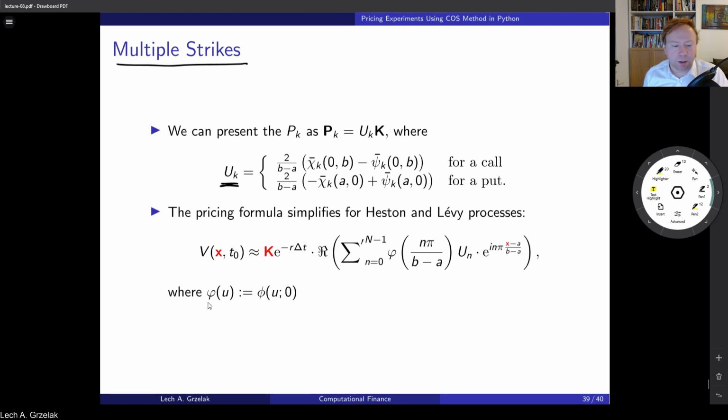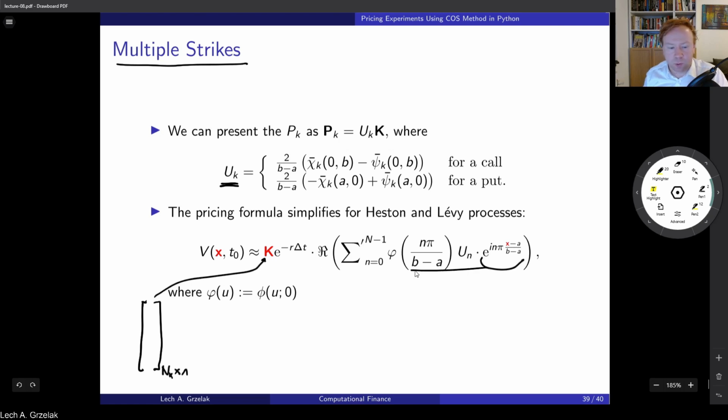We have K here, which will be a vector. Our K will consist of, let's call it, nk elements. So nk times 1. So this is our vector here. Then we have this element, which will be a matrix consisting of nk times n elements, where n starts from 0 to n minus 1.